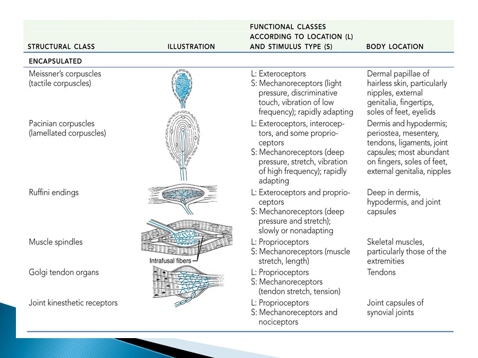And finally, we have our joint kinesthetic receptors, and these are our famous proprioceptors found in the joint capsules of synovial joints. They function as mechanoreceptors and also as nociceptors.